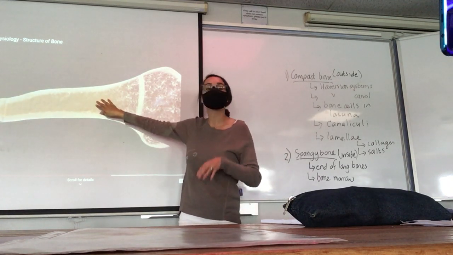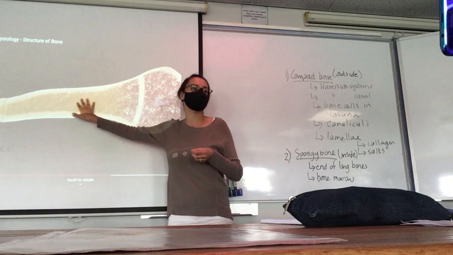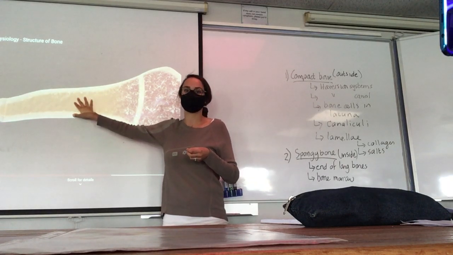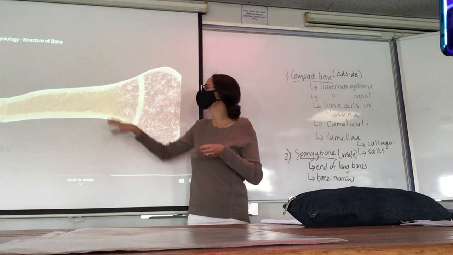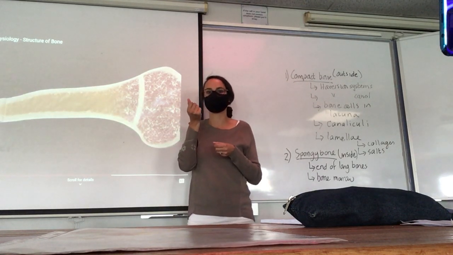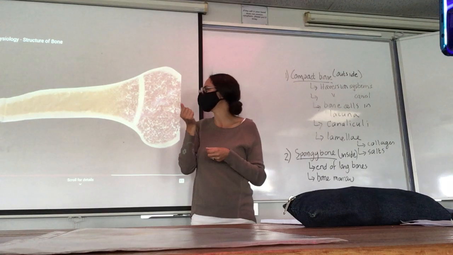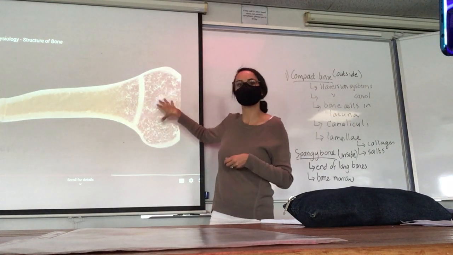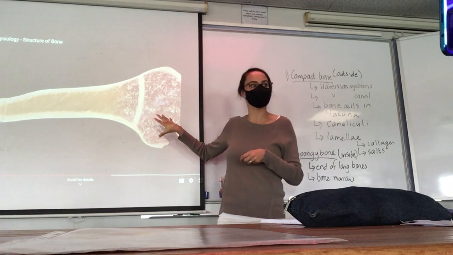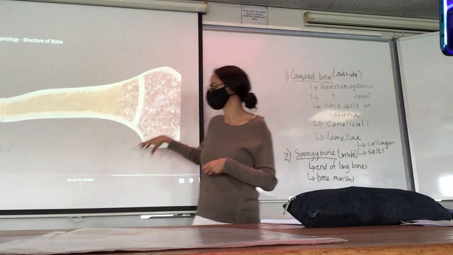The yellow bone marrow will still make blood cells, but it will store fat as well. So when you eat a soup bone, for example, and you eat that marrow inside, it will normally be quite a fatty substance, and that will be the fat in the yellow marrow. You don't really have to know the difference, but as long as you know that this is spongy and that's where the marrow gets made, then you'll be fine.